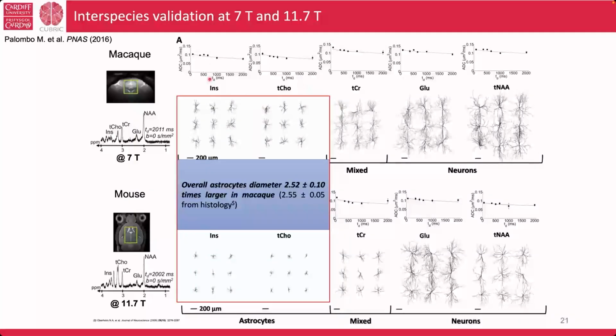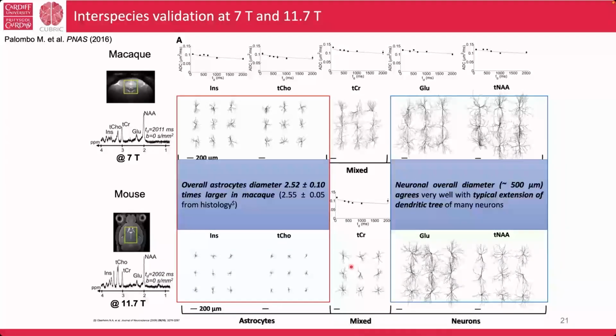So the molecules that should provide information about glia indeed gave us a ratio of 2.5 between the glial cells in the macaque compared to the mouse, in particular the astrocytes, which are those occupying most of the volume. While for neurons, we didn't find any difference.